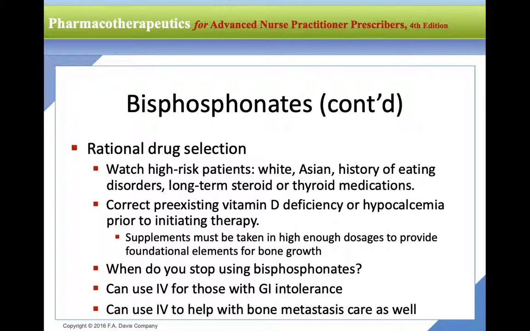So if you overtreat somebody into hyperthyroidism, you can lead to weakened bones. You want to correct a pre-existing vitamin D deficiency or hypocalcemia in patients before you start bisphosphonates, because they're going to need that vitamin D and calcium to build up the bones before we start to inhibit the breakdown.